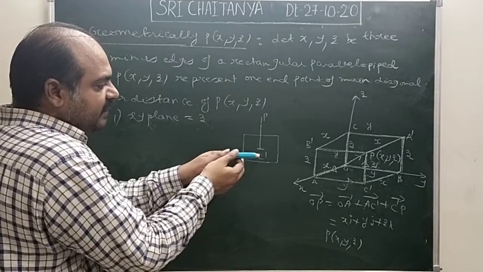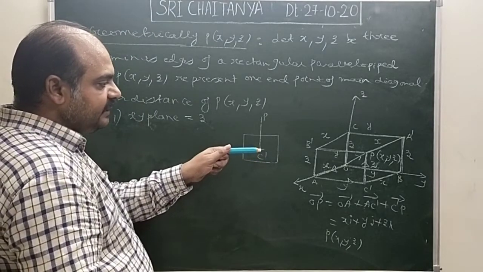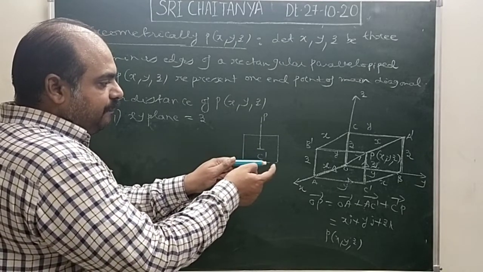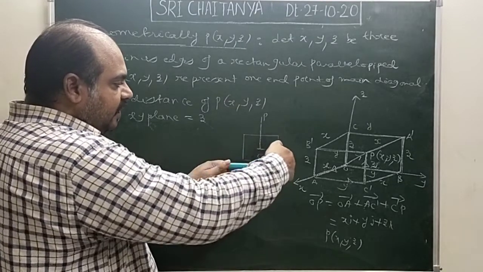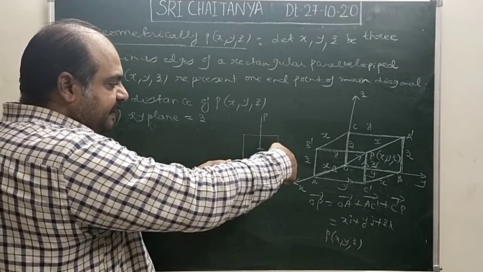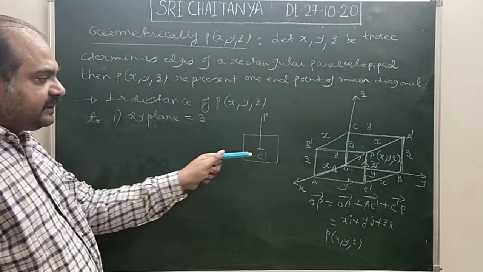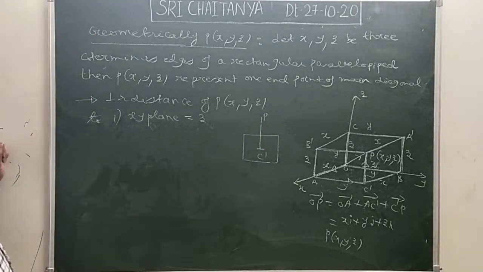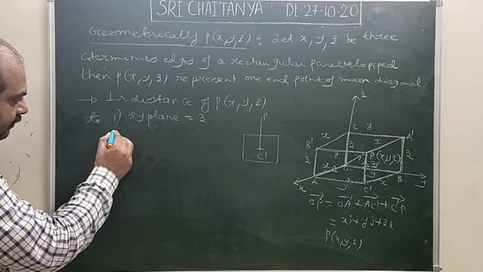Here in space one point will be there. You assume the XY plane as your paper. Point P will be like this. From there you drop the perpendicular. From the point in space, drop a perpendicular on your paper. That is C dash. That PC dash is called the perpendicular distance from P to the XY plane.